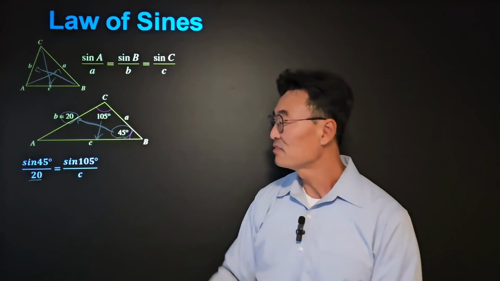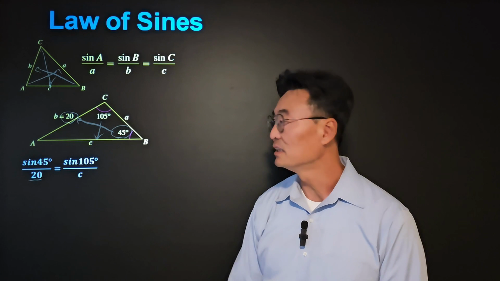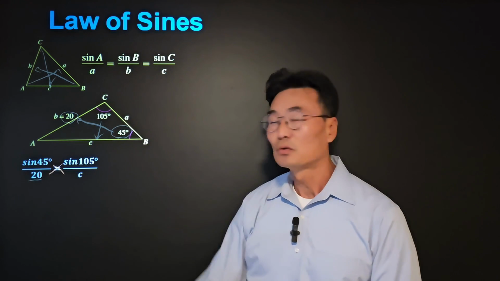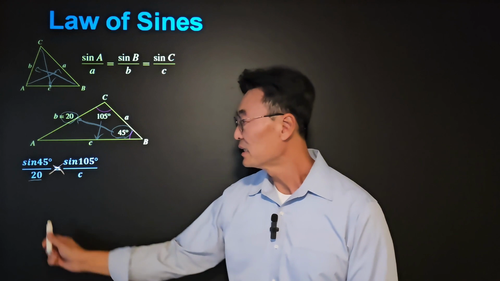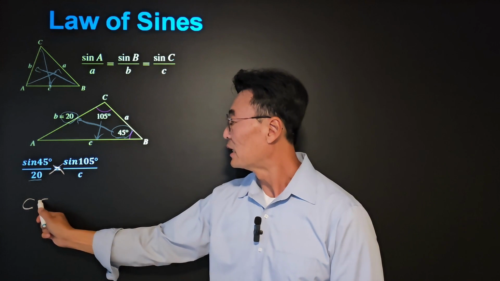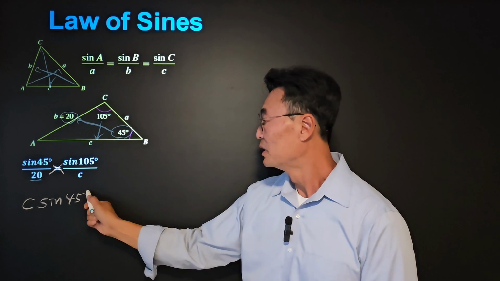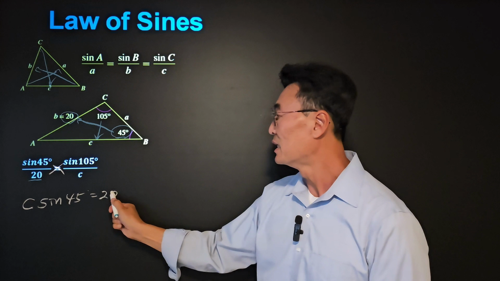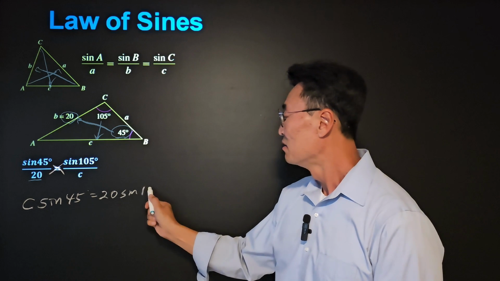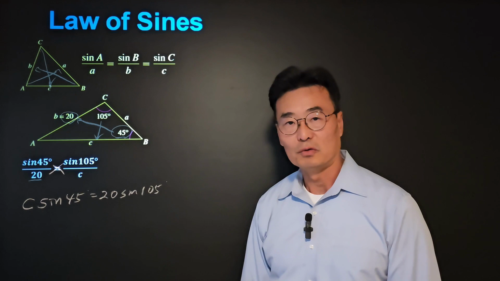To solve for side c, we'll cross multiply. We get c times sine of 45 degrees equals 20 times sine of 105.